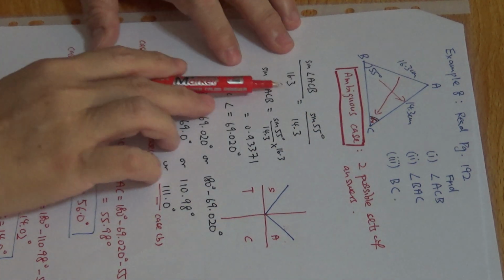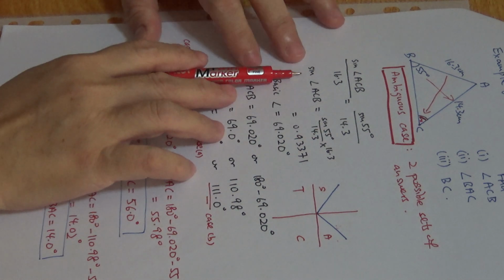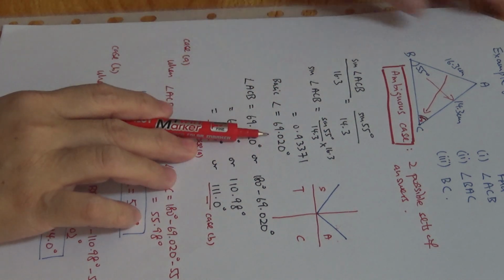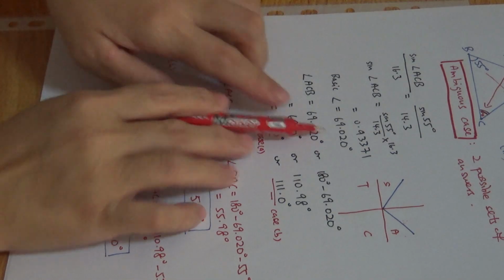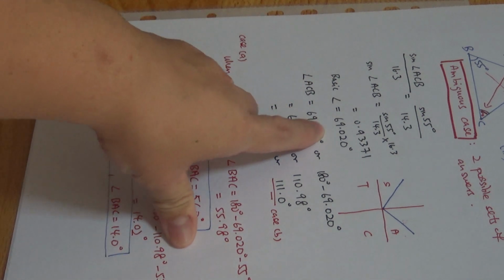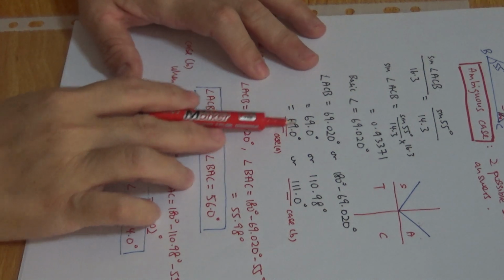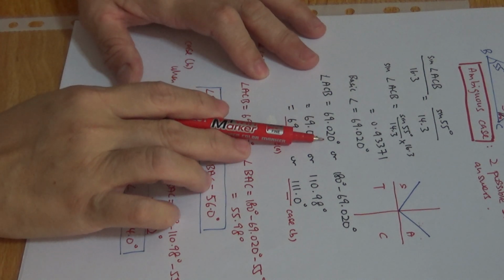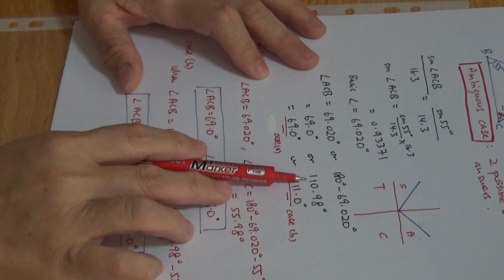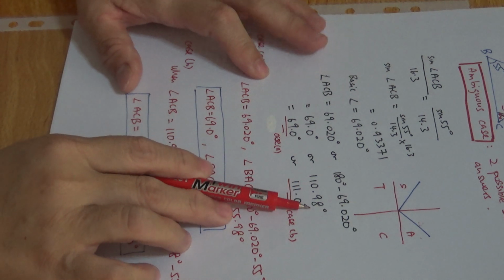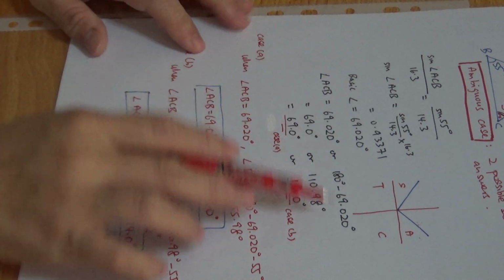So I'm going to use the sine rule here. I get sine as this, basic angle as this, as per normal, like what we did before. And I will get two angles, 69.020 and 110.98. So I have two angles.